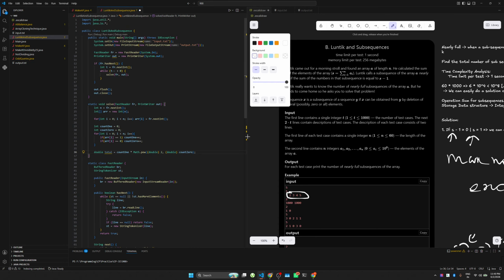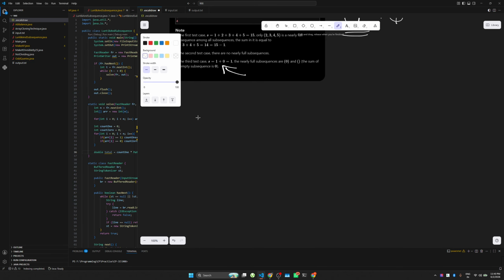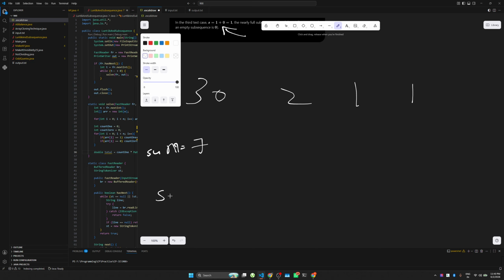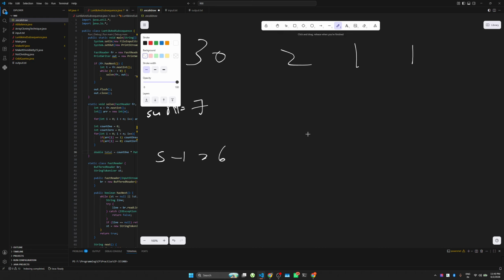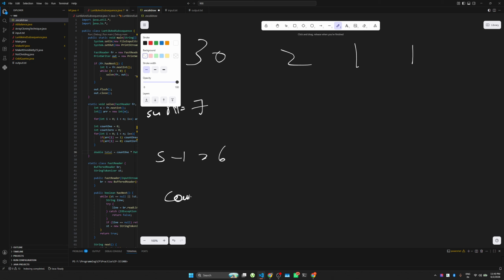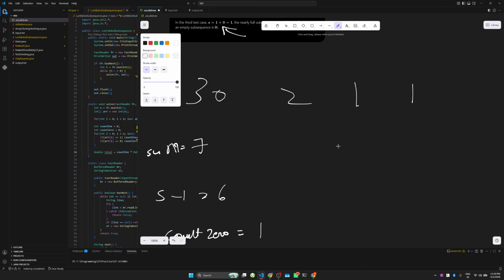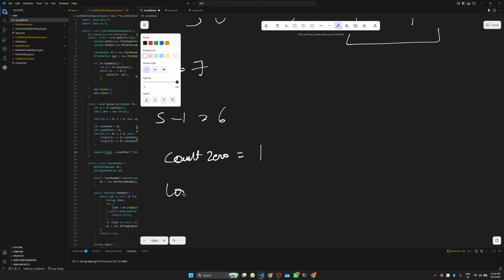If we look at the example that we have, which is 3, 0, 2, 1, 1, the total sum here was 7. So s minus 1 is what? 6. Now let's count the number of zeros that we have, which is count0 is 1, and the number of ones that we have is 2, right? So count1 is 2.